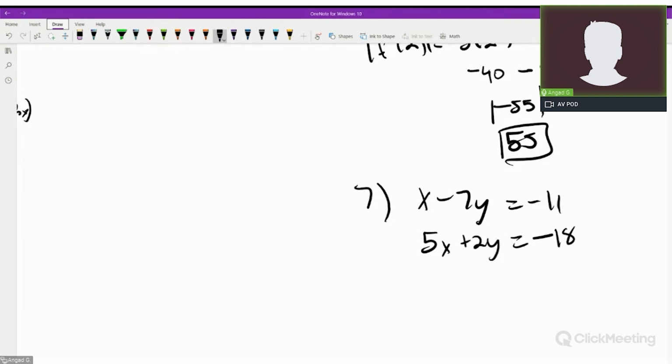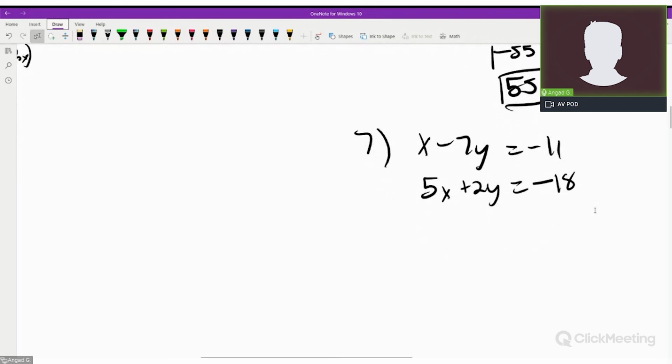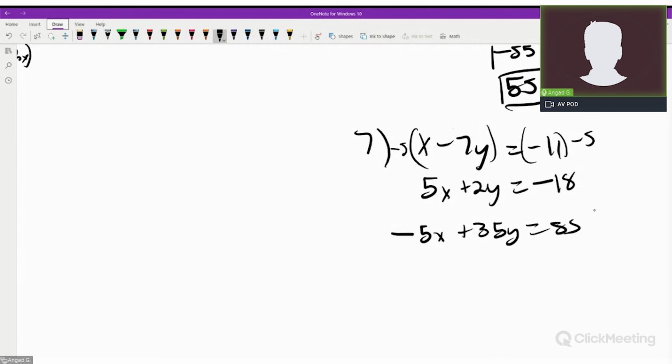So let's find out what we can use elimination for. 7 and 2 is going to be kind of weird to match, so why not just multiply this by negative 5? I just felt like this would be easier to match up. So negative 5x plus 35y is equal to 55. 5x plus 2y is equal to negative 18.